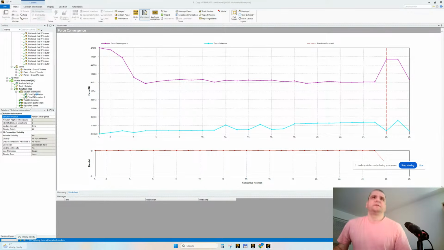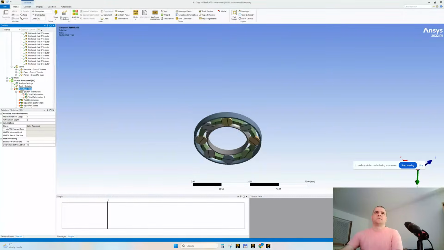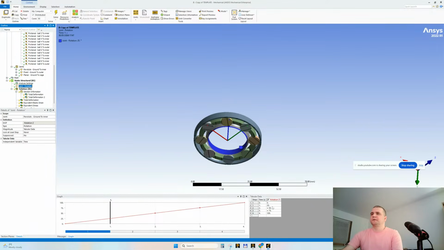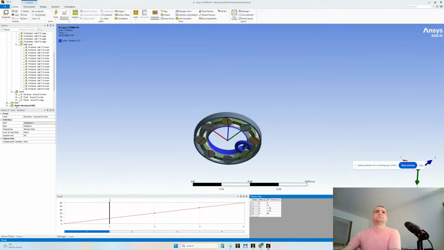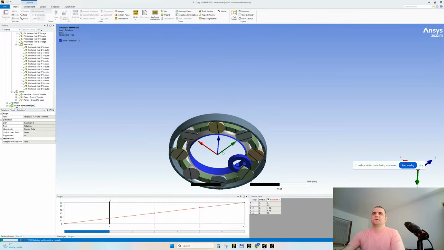All right, the other refinement that I mentioned, the other refinement was here, 15 and 60. So what you see now is a bearing that I modeled.